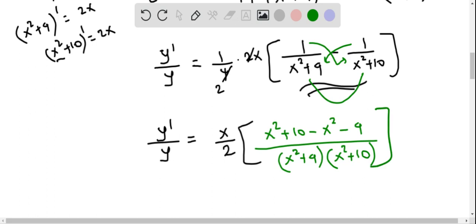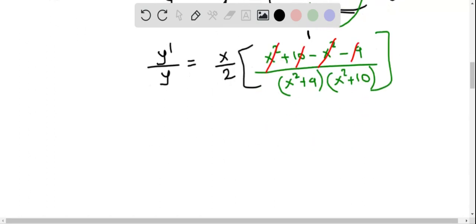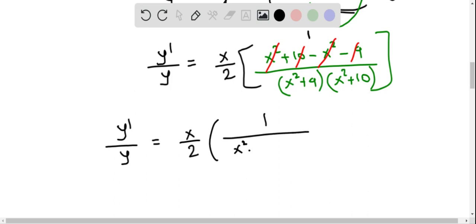Let's simplify the terms in the numerator. We see that x squared gets cancelled with the negative x squared, and 10 minus 9 is 1. So we just have 1 in the numerator. Let's put this in simplified form. We have y prime over y equals x by 2 times 1 over (x squared plus 9) times (x squared plus 10).